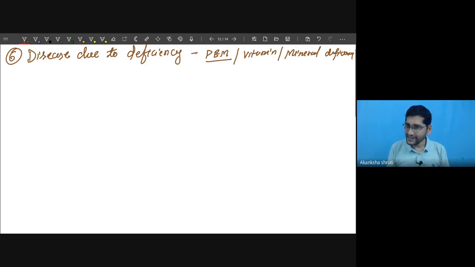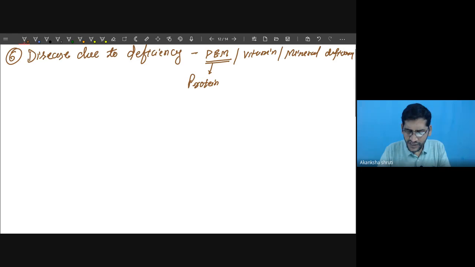So let us just list down. In this case, again, it can be because of protein energy malnutrition. Protein is an important ingredient of our food. From where are we getting the protein? From the pulses, from the egg. The white portion of the egg is very rich in protein.